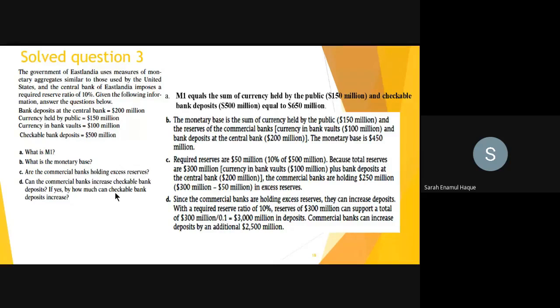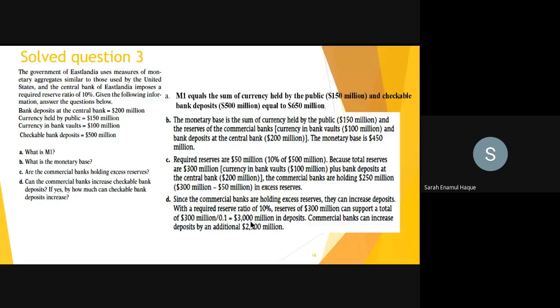Now they're asking us, if that's possible, then tell me what total amount the banks can increase. So you see, with a required reserve ratio of 10%, reserves of 300 can support a total of 300 million divided by 0.1, in deposits.